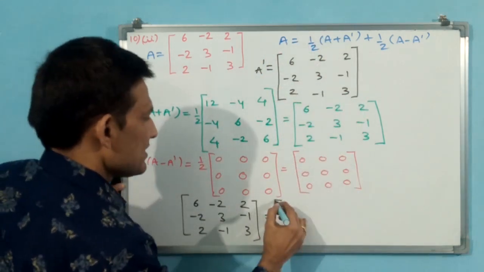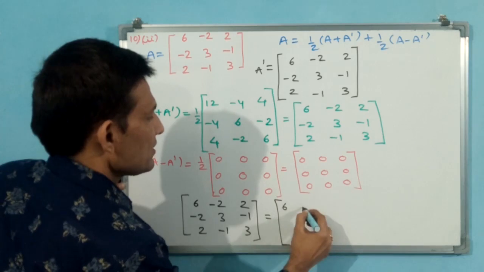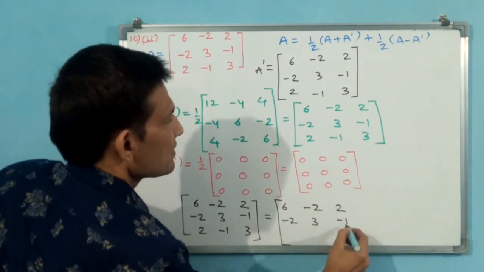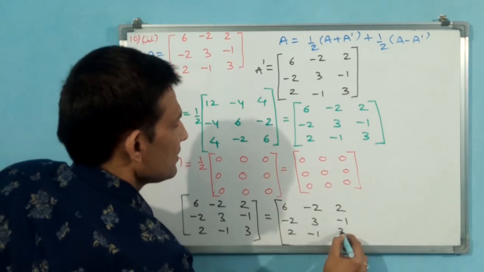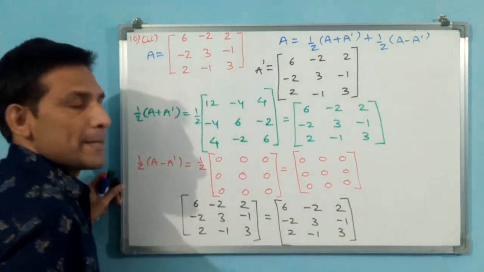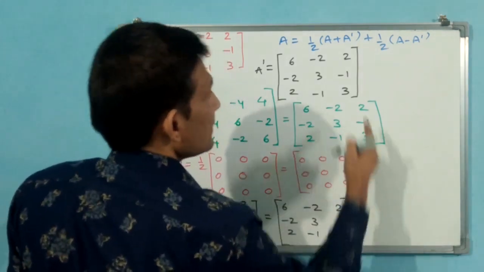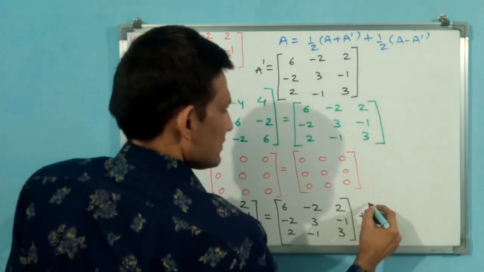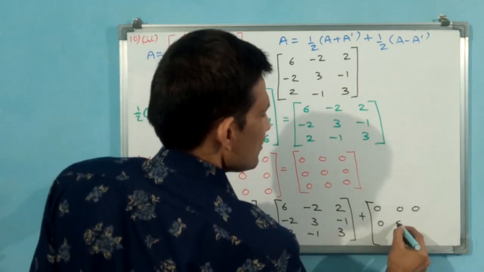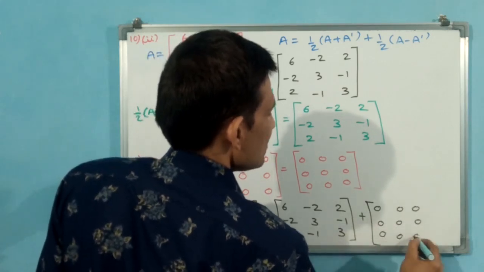This one you write first: 6 minus 2 2, minus 2 3 minus 1, 2 minus 1 3, plus this one: 0 0 0, 0 0 0, 0 0 0.